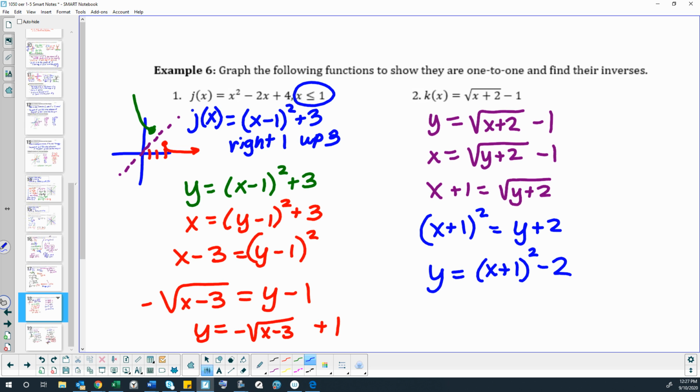So if the vertex of our parabola is moved left 1 down 2, then what will the domain need to be, just the positive piece? So x has to be greater than or equal to. So the negative 2 is the y side.